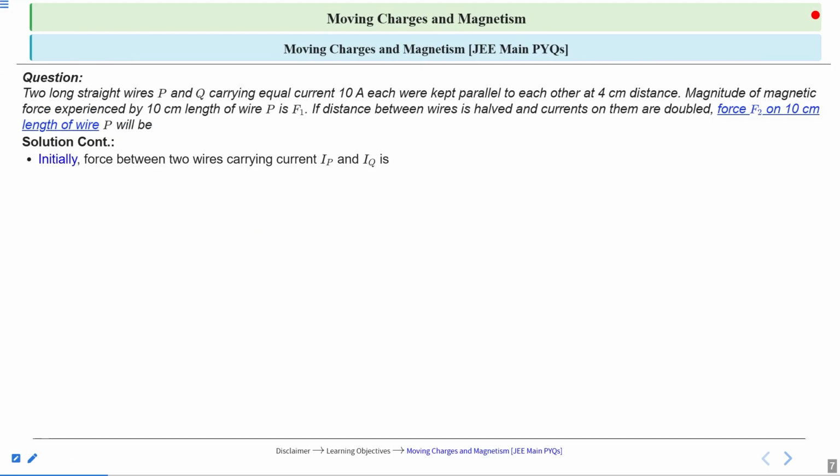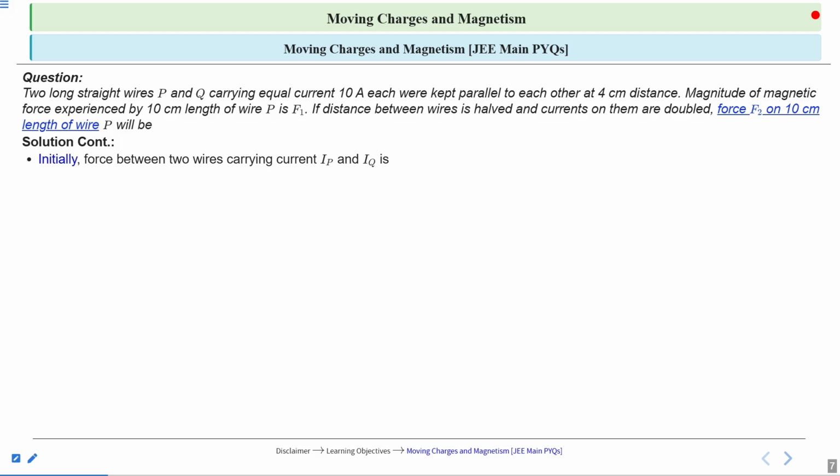Now we have to derive the relation between F1 and F2. Initially, the force between two straight long current carrying conductors is given by, force per unit length, mu naught by 2 pi, I1 I2 upon D. This is the force per unit length.